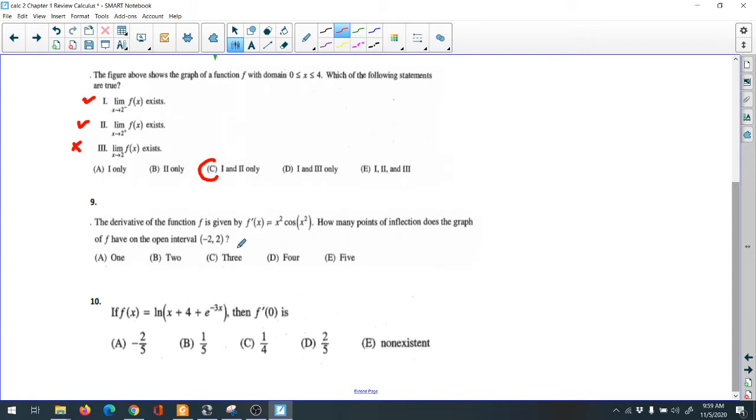How many inflection points means you deal with the second derivative. So yes, we could find the second derivative, set it equal to 0, and solve for x. That's the algebraic way.